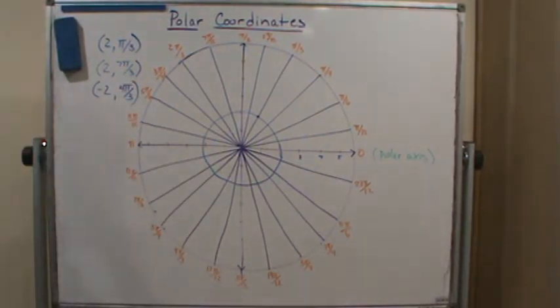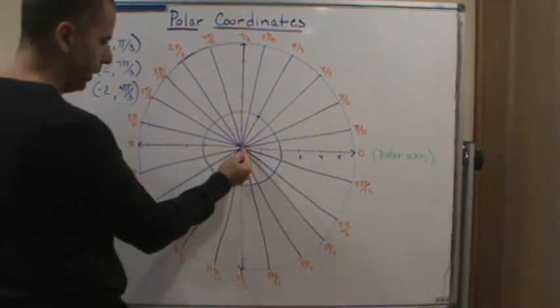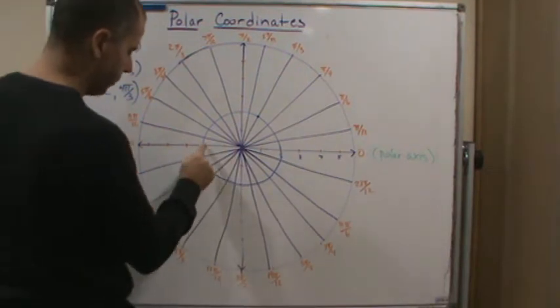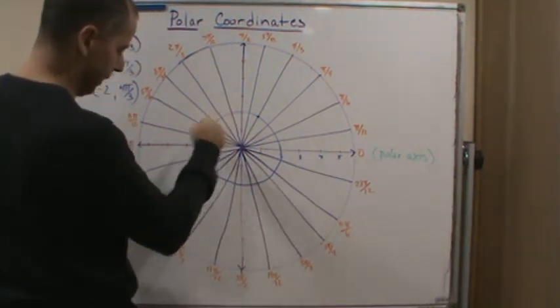I could also have a negative value. I could go -2, which would actually be right here on my circle.